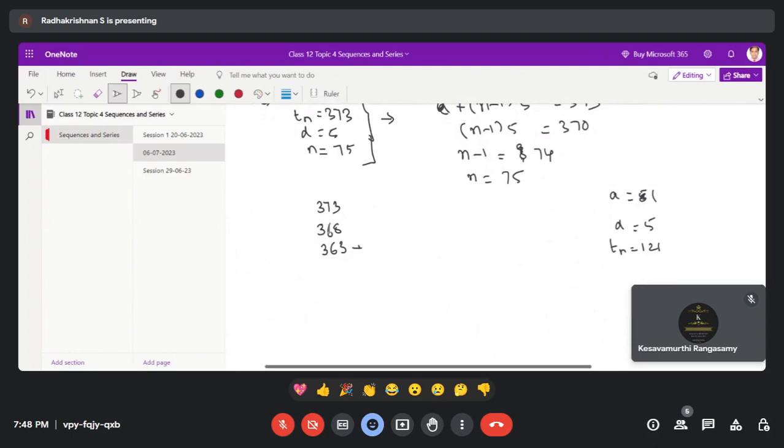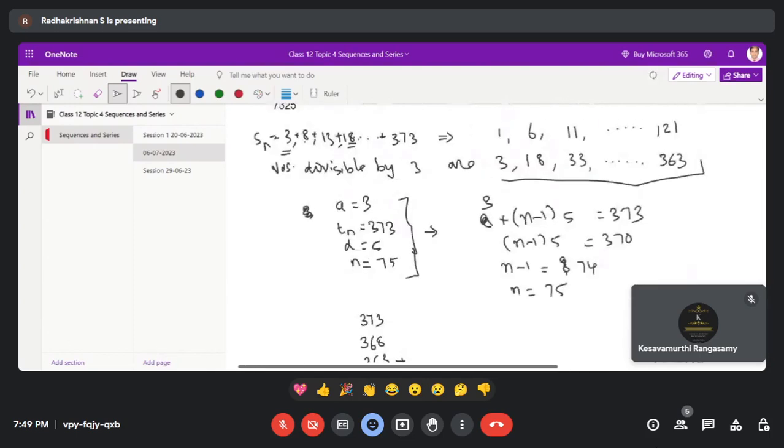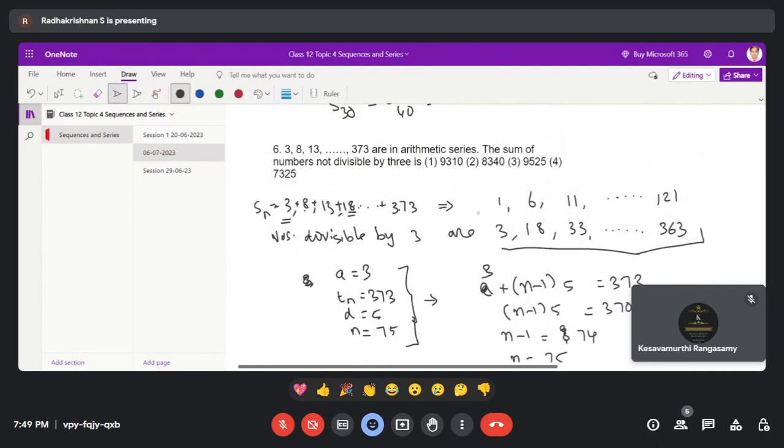That means 121 equal to A plus n minus 1 into 5. So n minus 1 into 5 equal to 120, n minus 1 equal to 24, n equal to 25. So for this series, there are 25 terms. In this series, there are 75 terms.